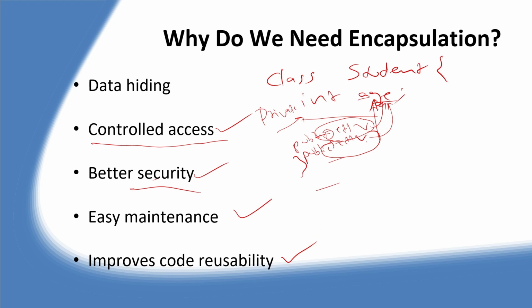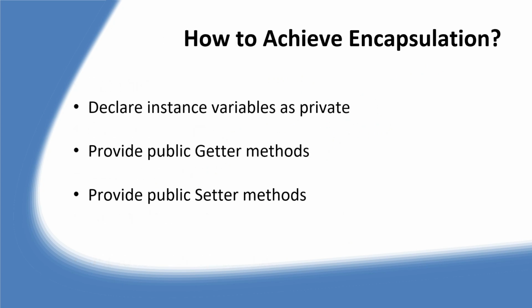Now we will see how to achieve encapsulation. We said that no one can directly access the instance variable. Take class Student with int age. This variable can now be accessed by anyone, because the scope is not private.